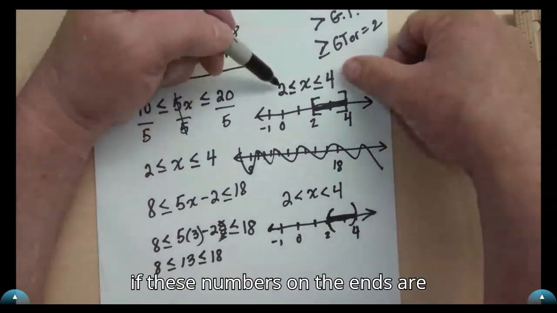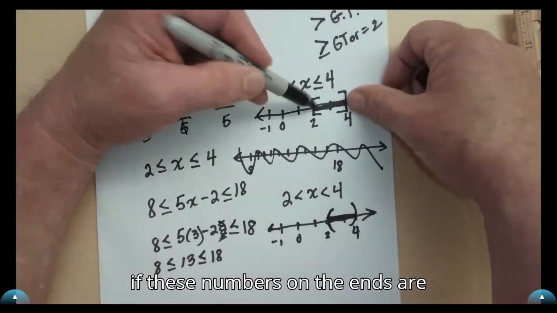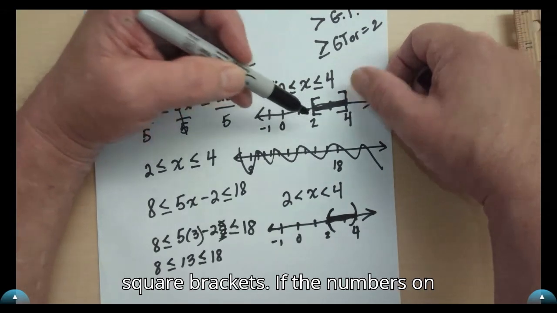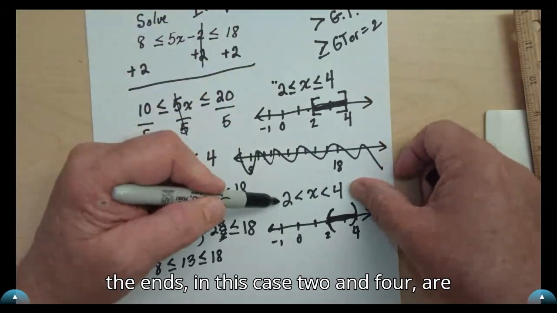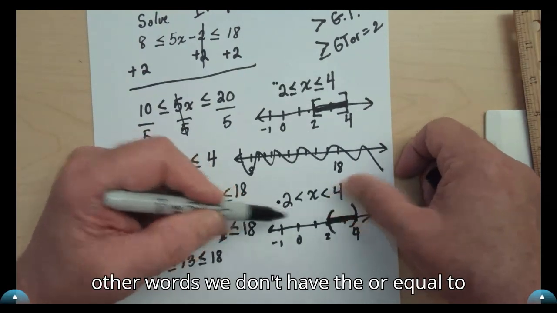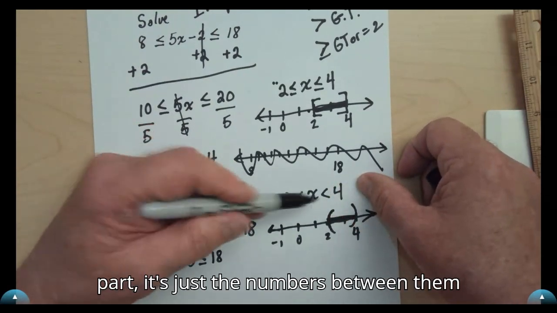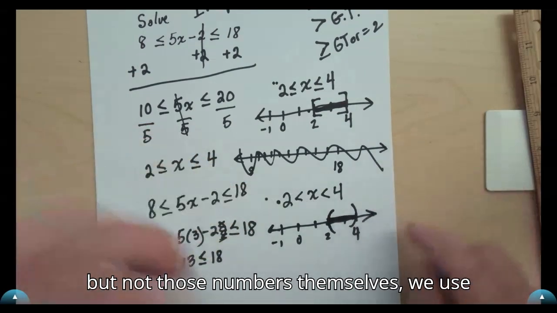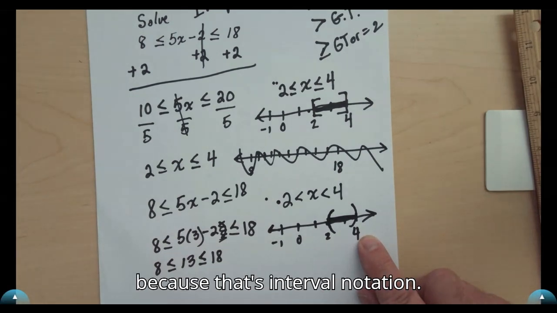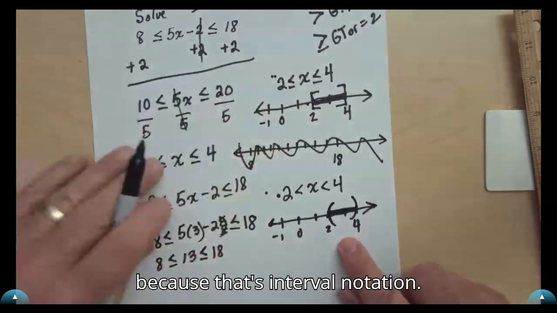So if these numbers on the ends are included in our solution set, we use square brackets. If the numbers on the ends, in this case 2 and 4, are not included in the solution set, in other words, we don't have the or equal to part, it's just the numbers between them, but not those numbers themselves, we use rounded parentheses. That's interval notation.